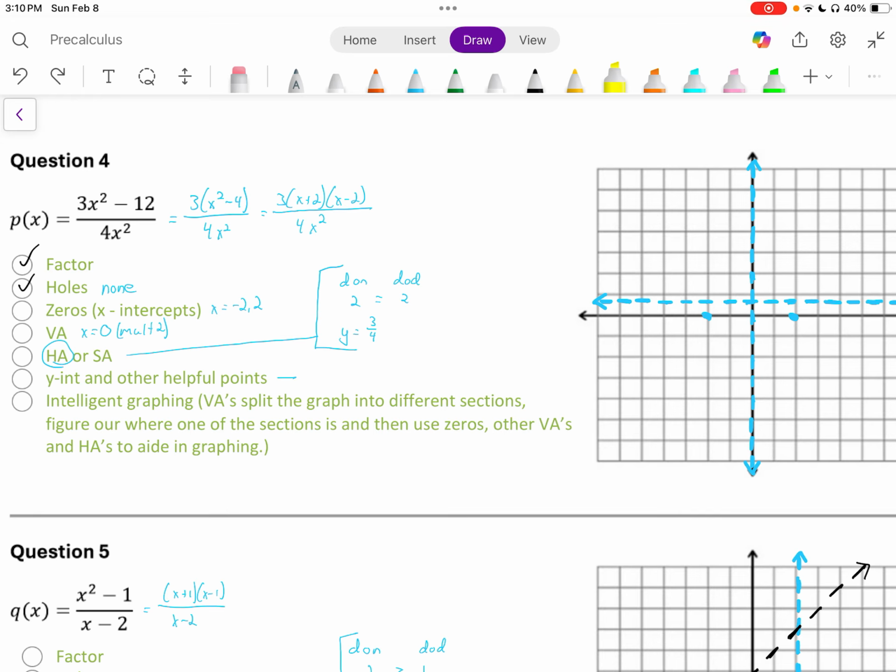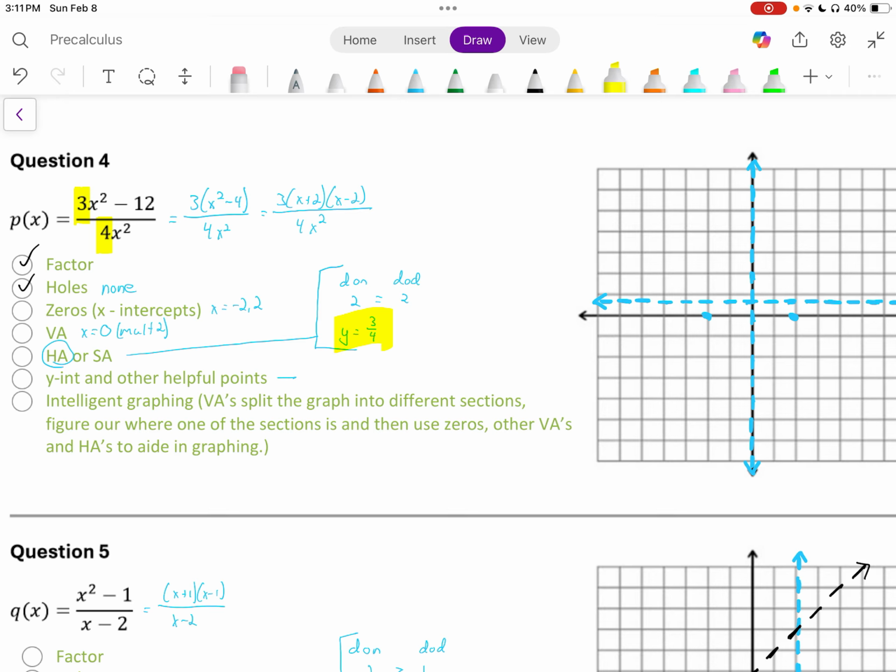And then for horizontal or slant asymptote, we look at the degree of the numerator compared to the degree of the denominator. They are both 2. And so when they're equal, there's a horizontal asymptote at the leading coefficient of the numerator over the leading coefficient of the denominator, so y equals 3/4. And so we have a horizontal asymptote drawn there.